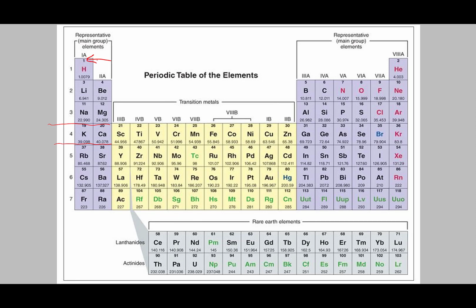Remember the atomic number and the atomic mass and the atomic symbol. I will be referring to those over the next few slides.